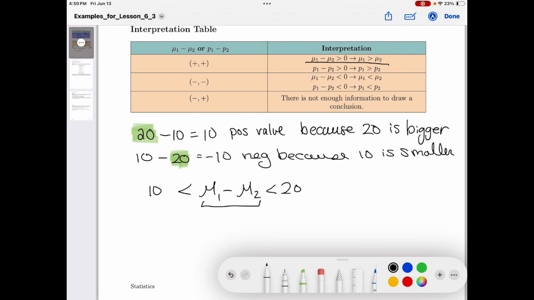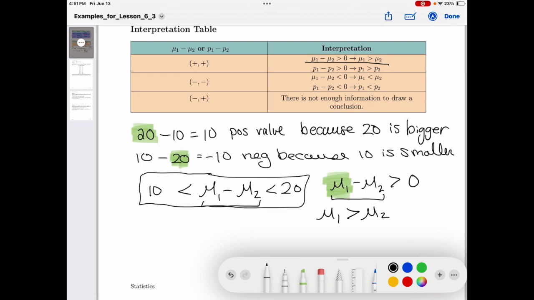So mu1 minus mu2 has to be positive. And if mu1 minus mu2 is greater than 0, that tells me that mu1 has to be bigger than mu2. So when we set up our point estimates, we do that so that we can see what kind of interval it lies on. Does it lie between two positive numbers? Then that tells me that mu1 has to be the bigger of the two values.